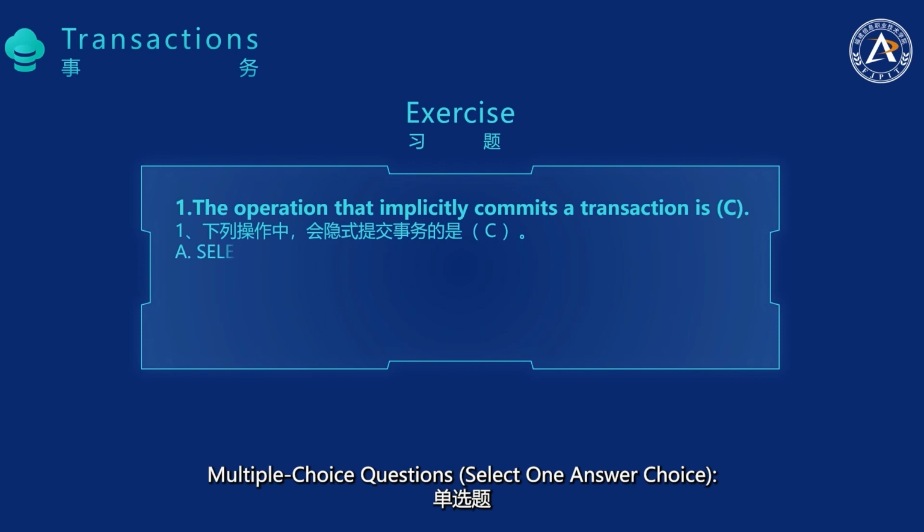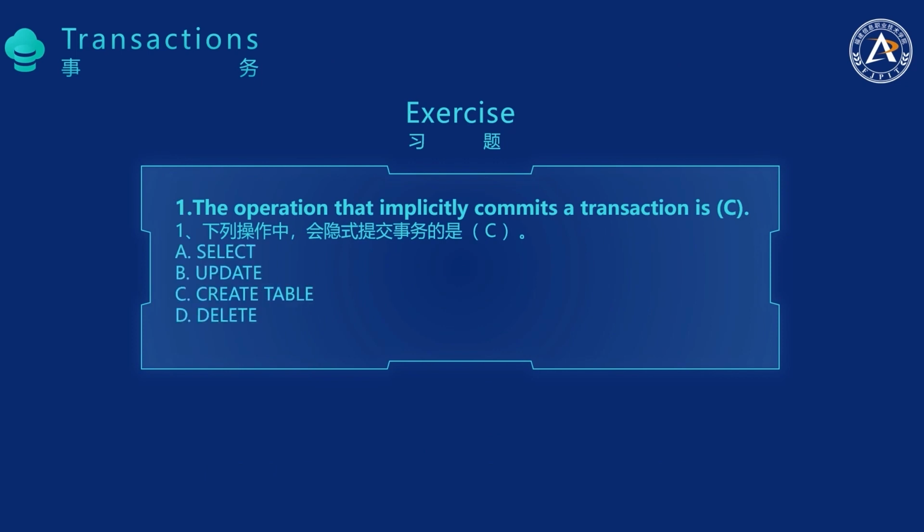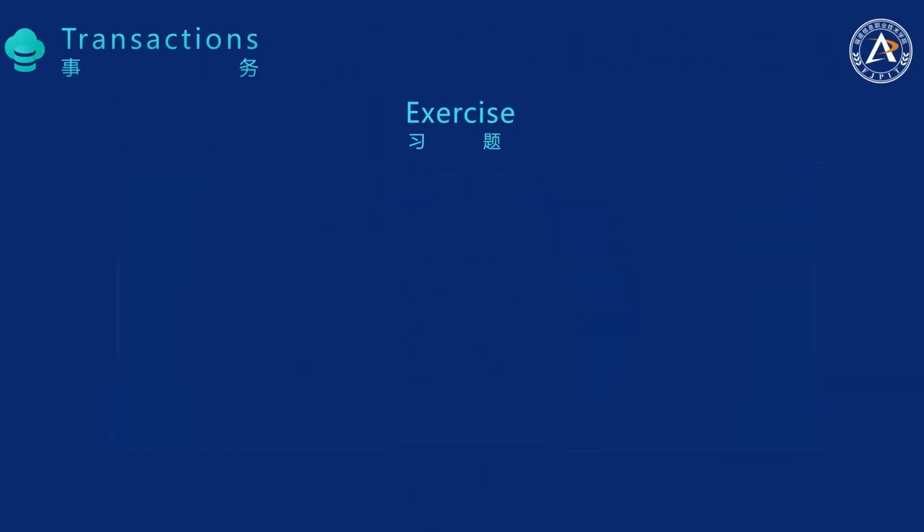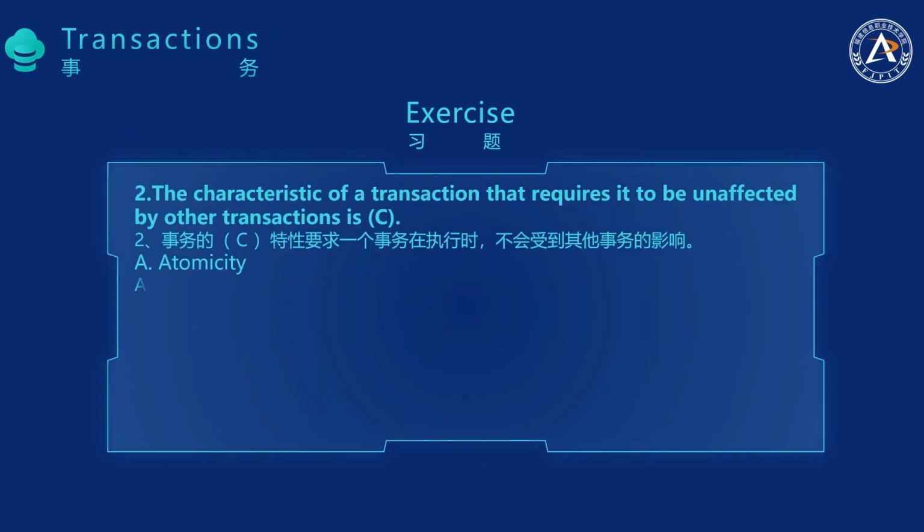Multiple choice questions. Select one answer choice. First, the operation that implicitly commits a transaction is C. A. Select. B. Update. C. Create table. D. Delete. Second, the characteristic of a transaction that requires it to be unaffected by other transactions is C. A. Atomicity.